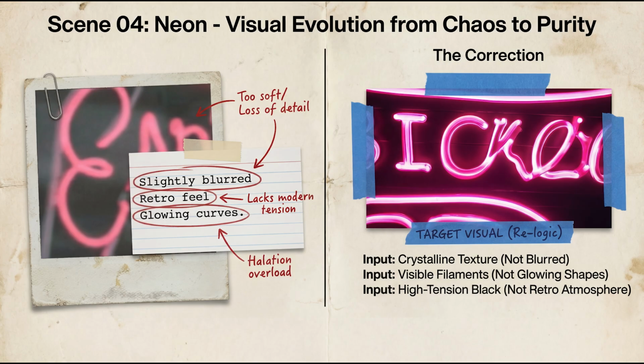The fourth scene focuses on the neon lights. Here, the director put forward a contrasting request. He wanted this scene to break free from the vintage aesthetic and deliver a sharp, pure, and high-tension contemporary texture for experimental purposes.